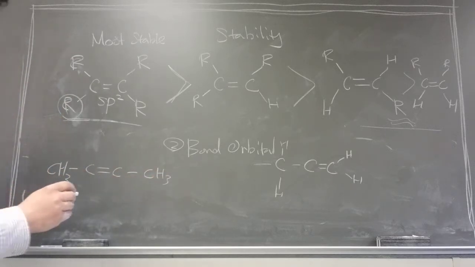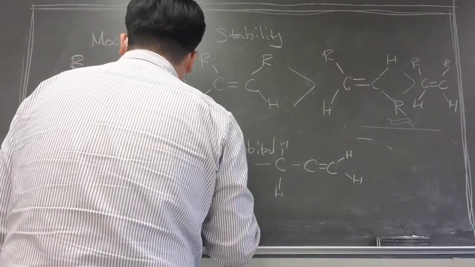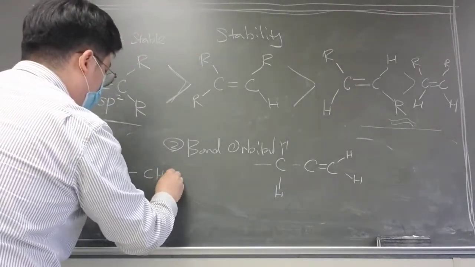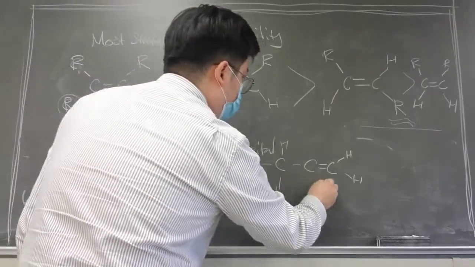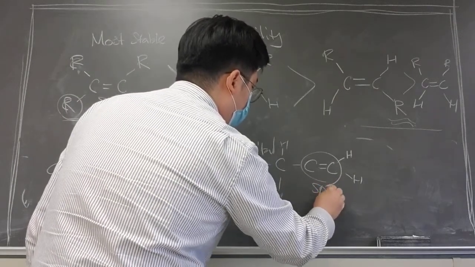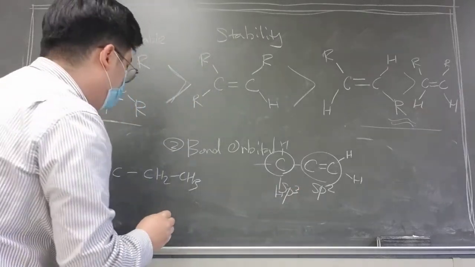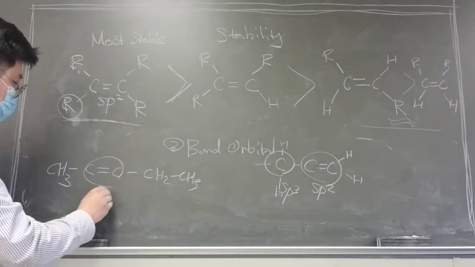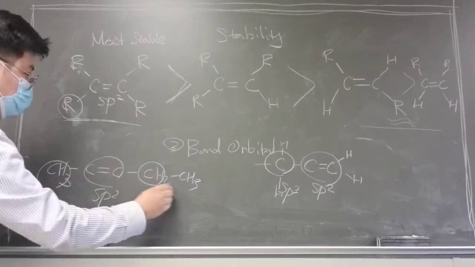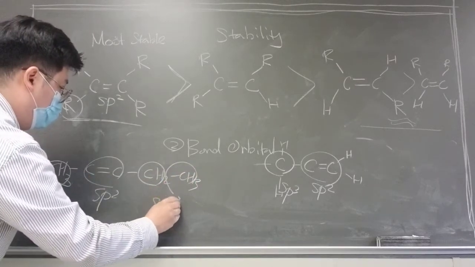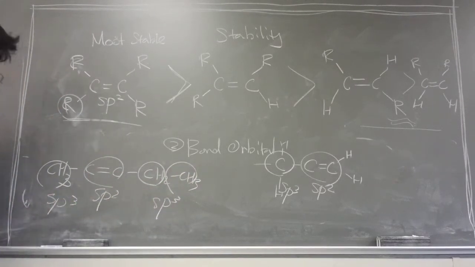Think about this one. Whenever you have, maybe we'll do one here. And here, this is sp2, but this carbon will have sp3, right? This is sp2. This will have sp3, sp3, right?